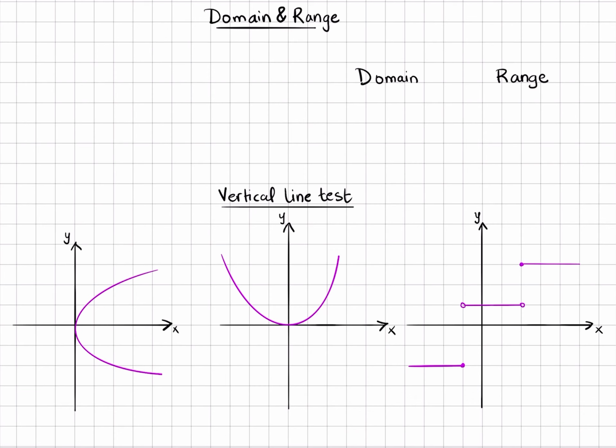But what we haven't introduced yet is a new way to write a function. There's a new symbol that we're going to be using from now on, which is f(x), with x in curved brackets.